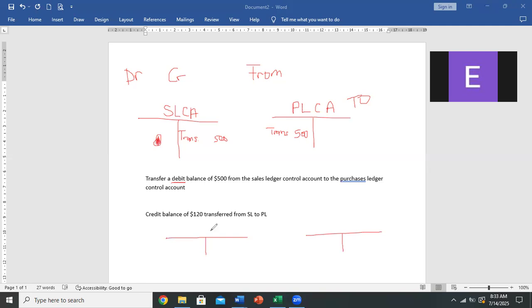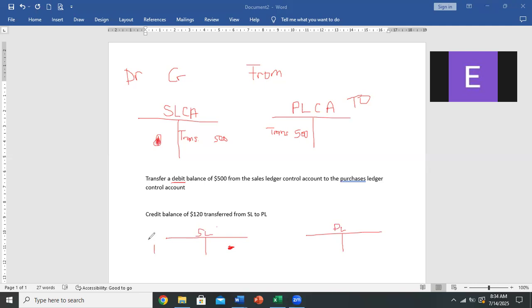In this case, we are transferring from the sales ledger control account to the purchases ledger control account. So this is the source, and the balance is a credit balance. So our entry should be on the debit side.